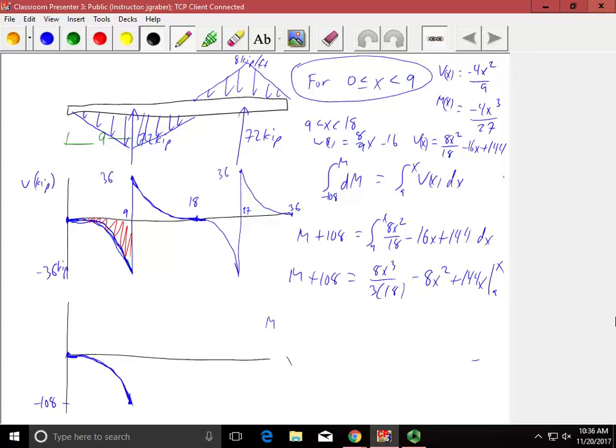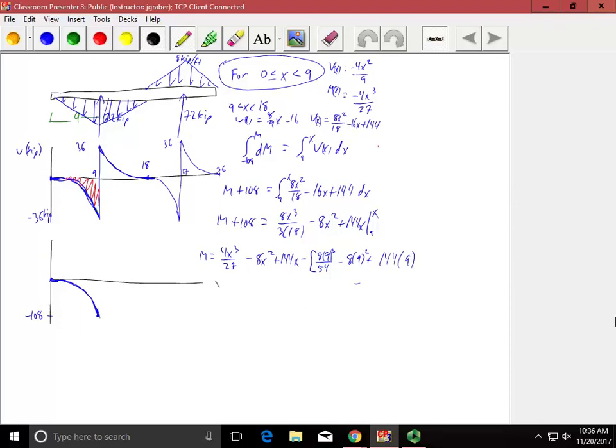I would get m equals 8x cubed over 54, which is 4x cubed over 27, minus 8x squared plus 144x, minus 8 times 9 cubed over 54 minus 8 times 9 squared plus 144 times 9, minus 108.